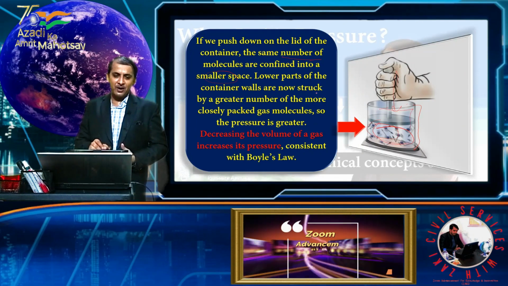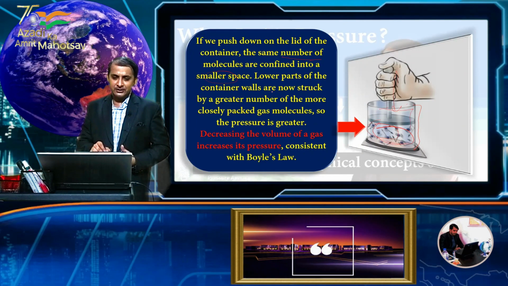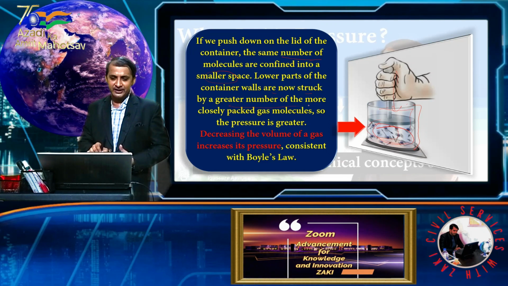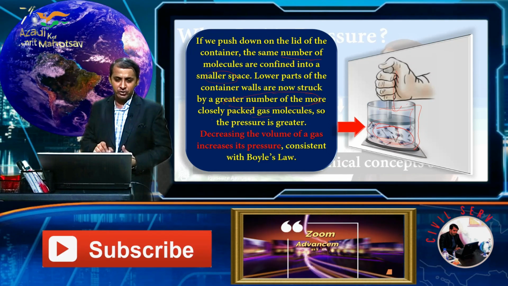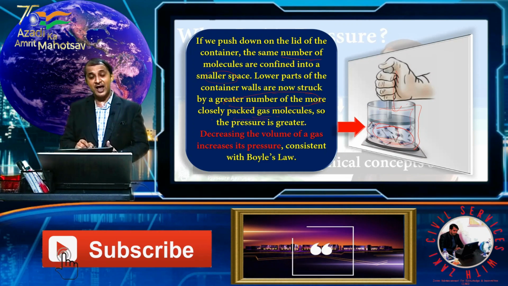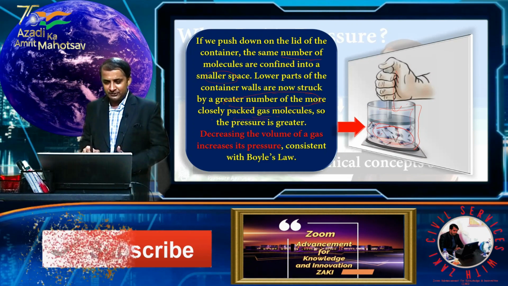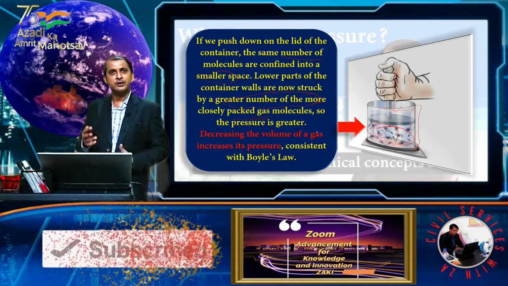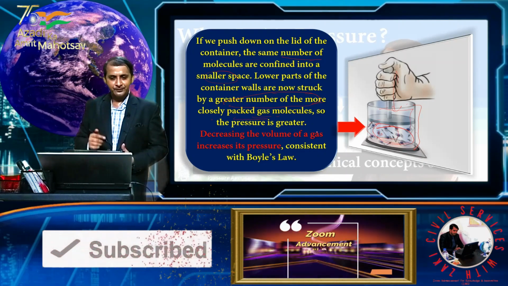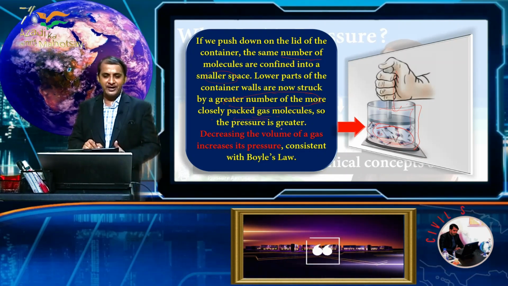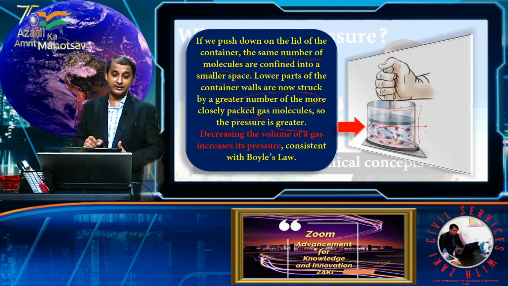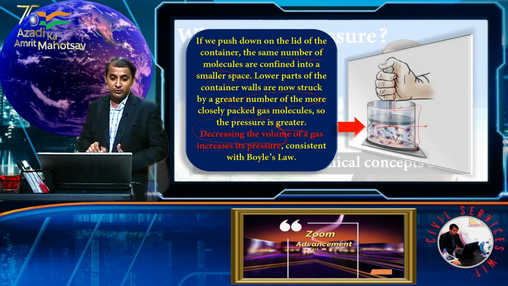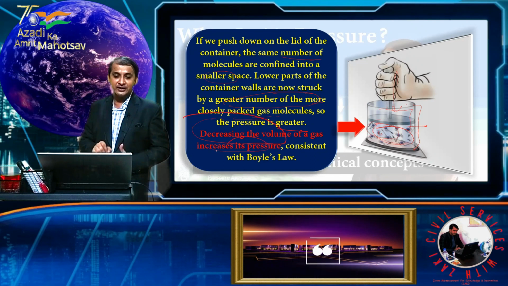So the lower parts of the container walls are now struck by a greater number of more closely packed gas molecules. Gas molecules are more compact, so the pressure is greater. Decreasing the volume of a gas increases its pressure.